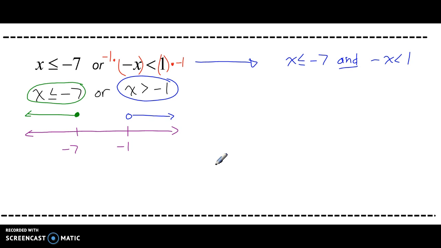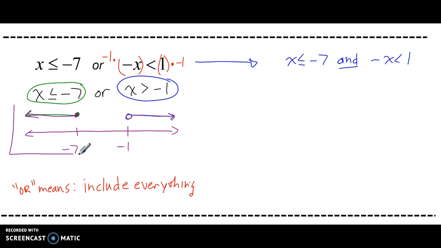And then, when you've got the word or, what that means is you're going to include all of the answers. You're going to include anything that's green, that's a solution, or all the stuff that's blue, those are solutions too. So, if you see the word or, what you're supposed to do is include everything. So your answer here is all of that and all of that.